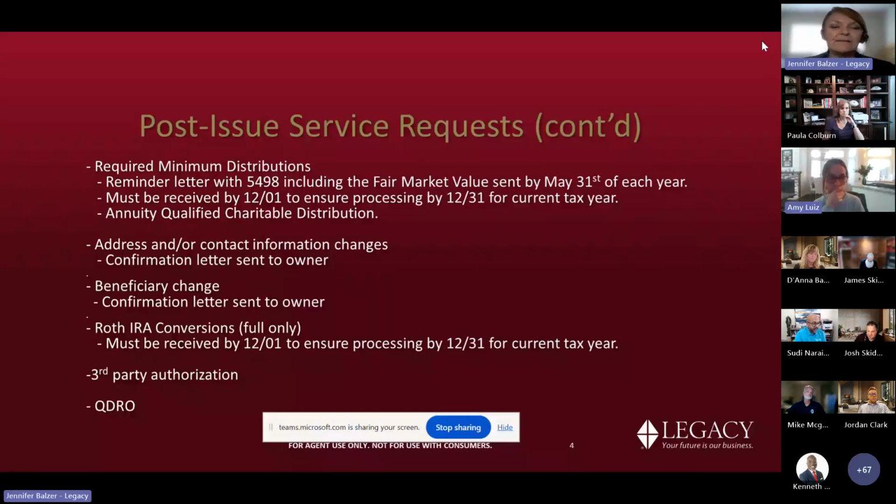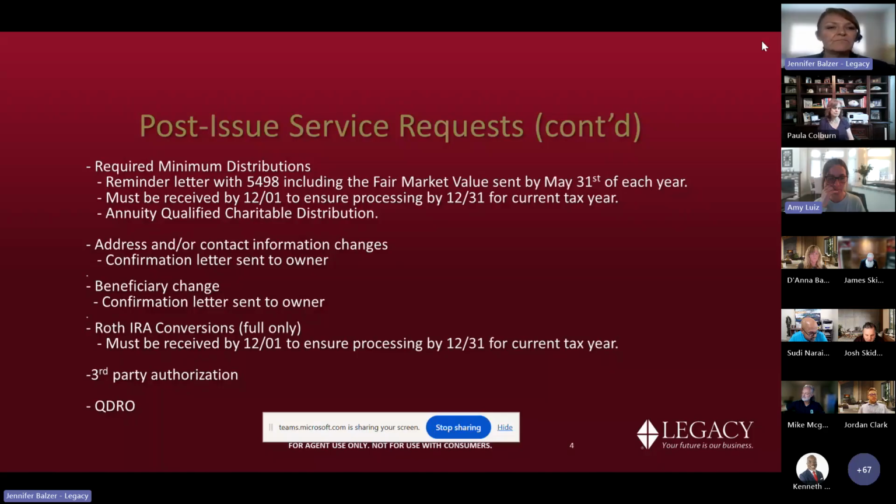For those clients that might be interested in doing a Roth IRA conversion, with Ameritas, it's all or nothing, full conversions only. And again, just like the withdrawals and the required minimum distributions, we do need to have those in-house by 12/1 in order to process by 12/31 for the current tax year.